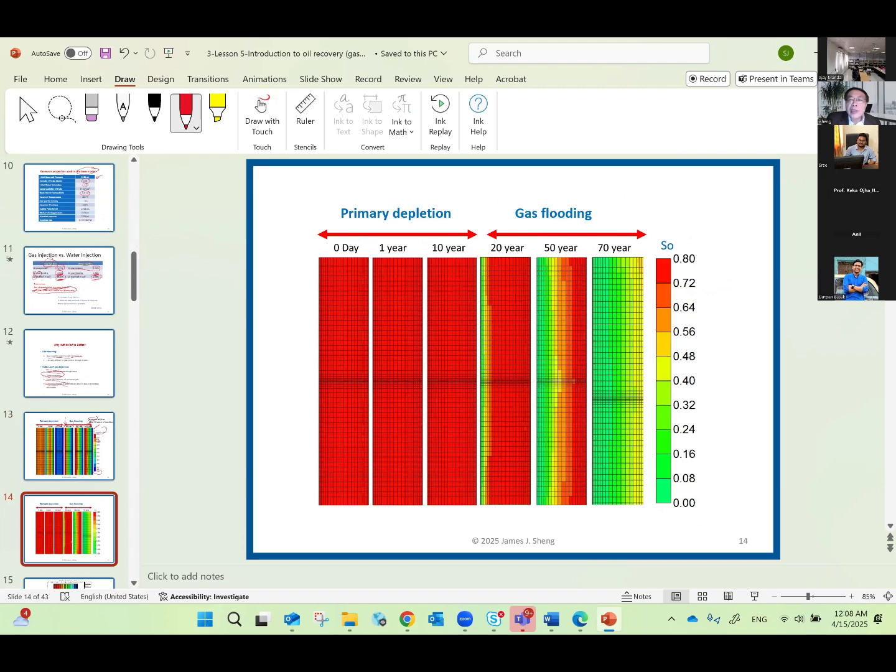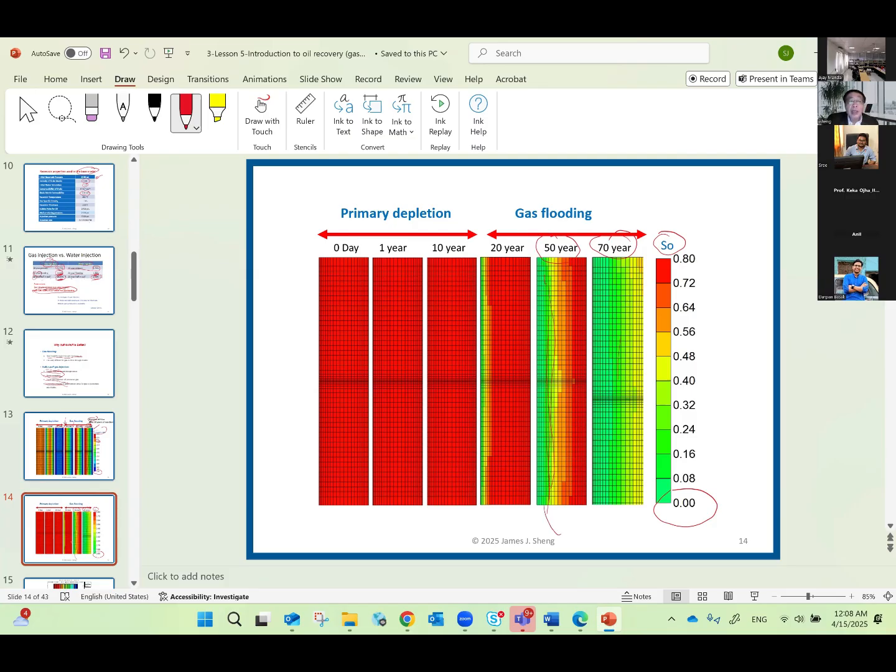Similarly, for the oil saturation, the red one means oil saturation is high, and the green one is low. Even at 70 years, look at the 70 years. This oil production is on the injection side. So low pressure is less than half the volume.